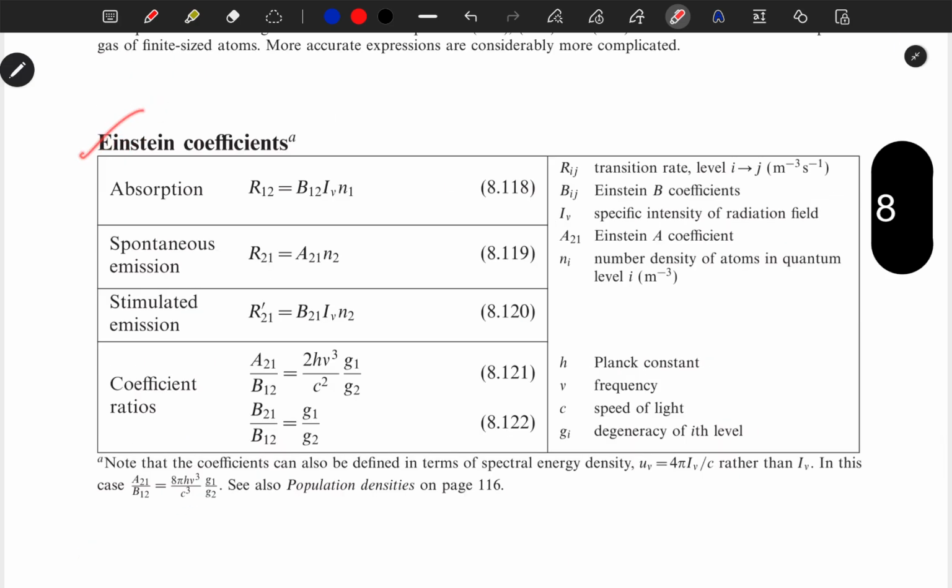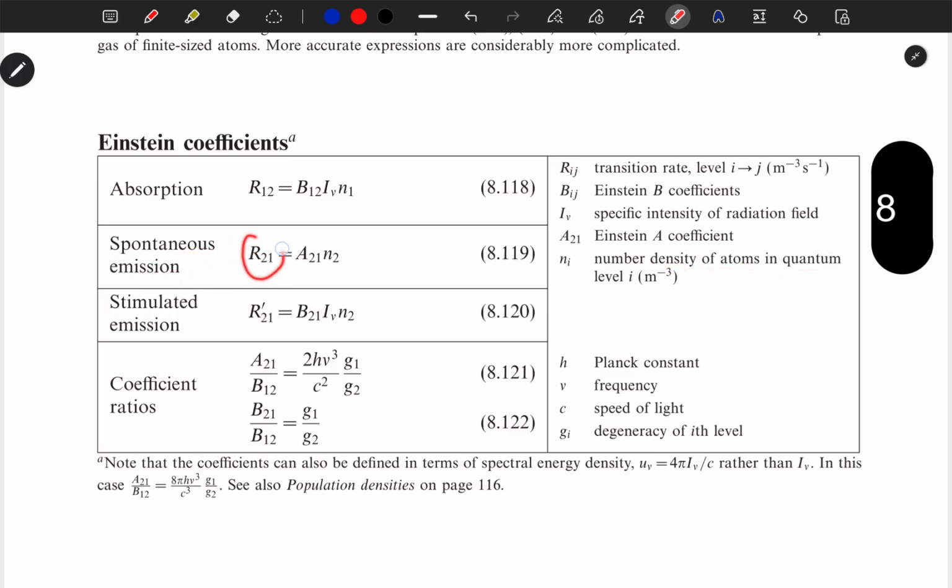Einstein coefficients. R12 equals B12 I_ν N1. R12 is the transition rate from 1 to 2, and B12 is the Einstein B coefficient. I_ν is the spectral intensity of the radiation field, and N1 is the number density of atoms in quantum level 1.